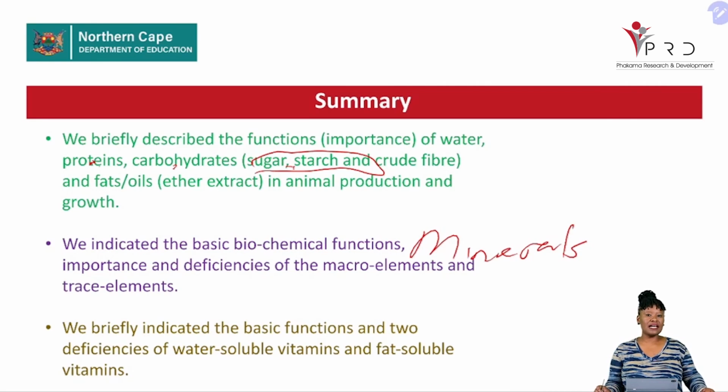With minerals, you must understand the symptoms that are displayed and the mineral whose shortage causes that deficiency. If it is not there, what will it lead to? Understand that. Same applies with vitamins. Which ones are fat soluble and which ones are water soluble?